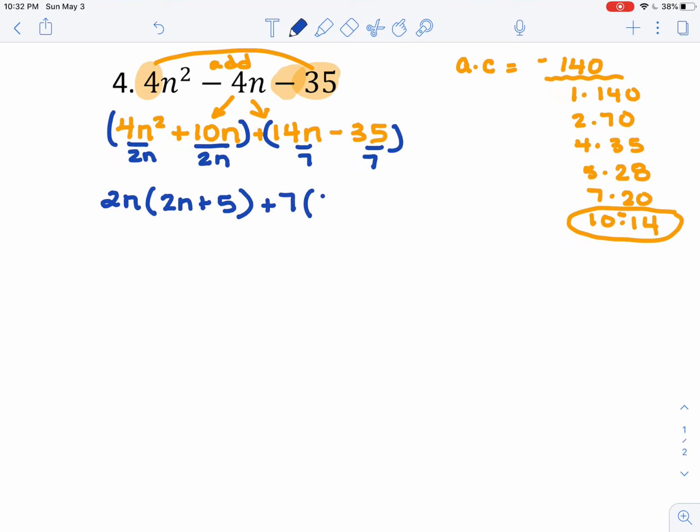So if I factor out that positive 7, I'm left with 2n minus 5. And I just caught a mistake that I made. 14 should be negative. So here, this 14 should be a minus. So I'm actually going to factor out a negative 7. And when I factor out a negative 7, my 2 parentheses are in fact the same.